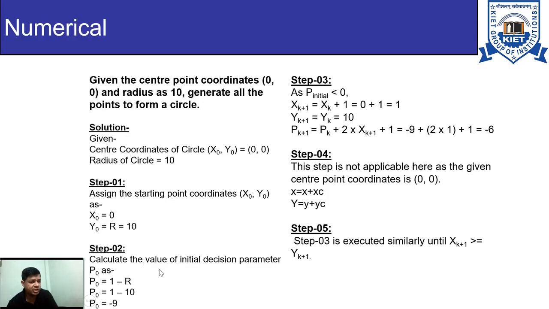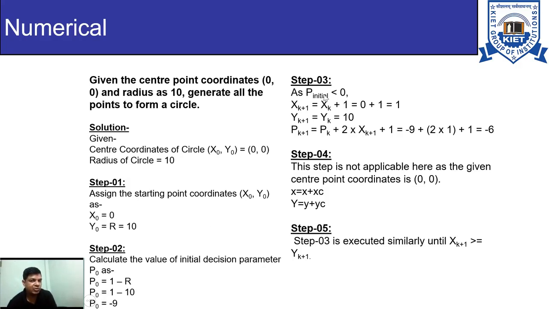We will start from the initial pixel parameter, p0 equals 5 upon 4 minus r, and we are assuming the value of 5 upon 4 as 1 because all the calculations that we are doing in Bresenham's algorithm are integer. So the value of p0 becomes 1 minus r, so we will get the value of p0 as minus 9.